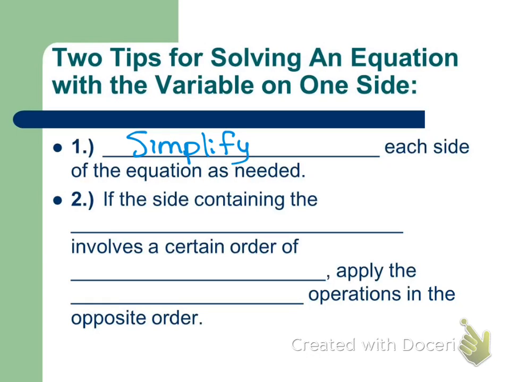Simplify each side of the equation. If the side containing the variable involves a certain order of operations, apply the inverse operations in the opposite order.